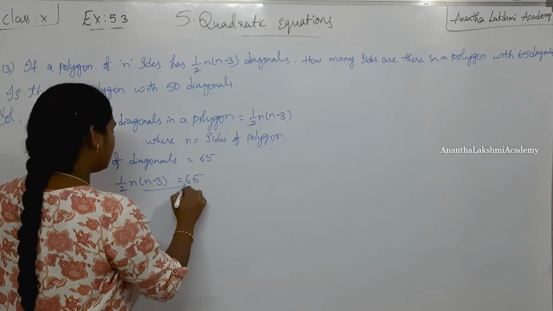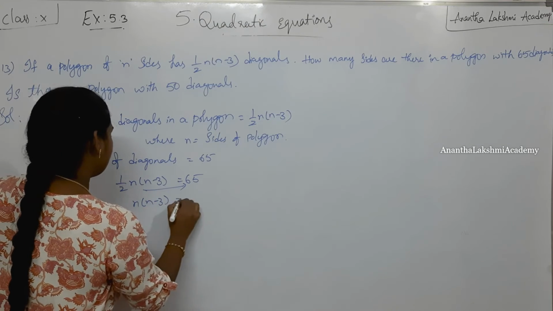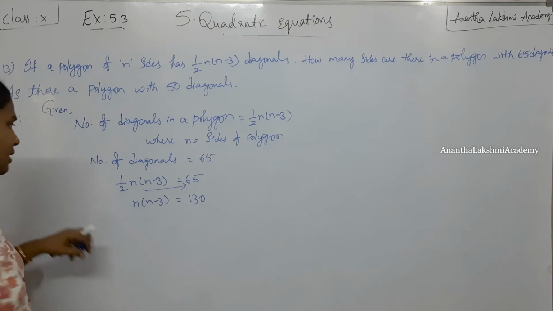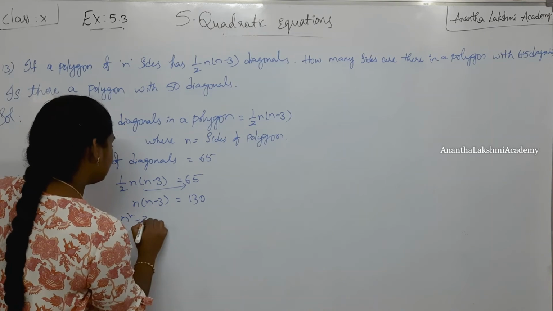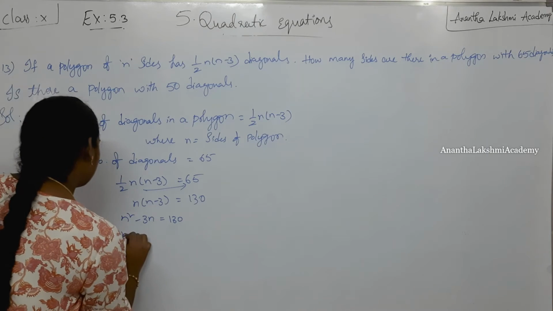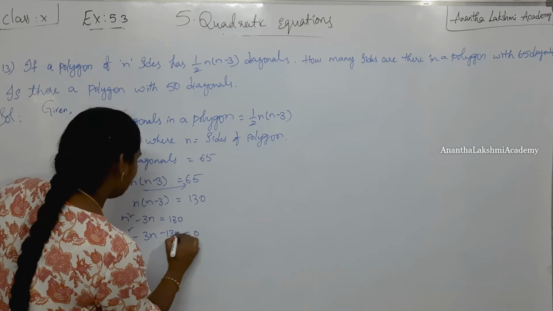Now if you do the cross multiplication, this is going to be n into n minus 3 is equal to 130. So n square minus 3n is equal to 130. Let us get the 130 to the other side. This becomes n square minus 3n minus 130 is equal to 0.